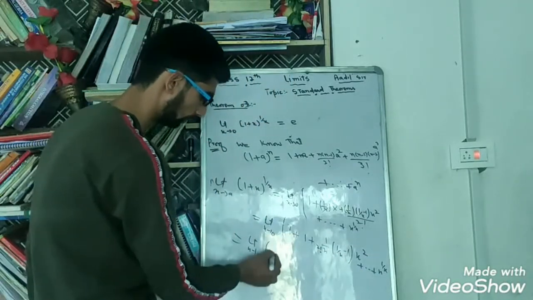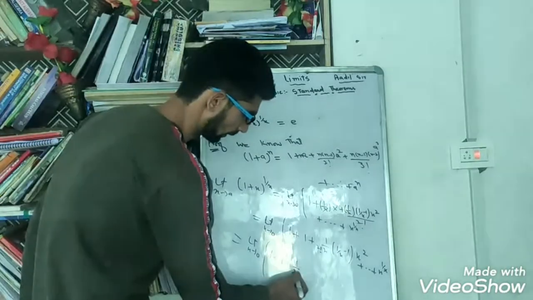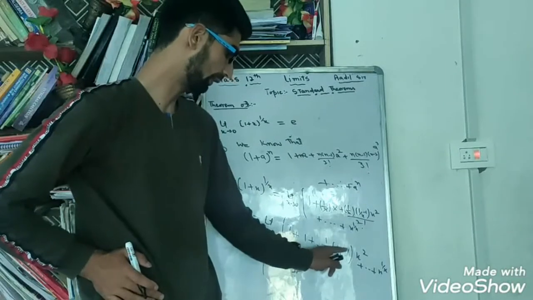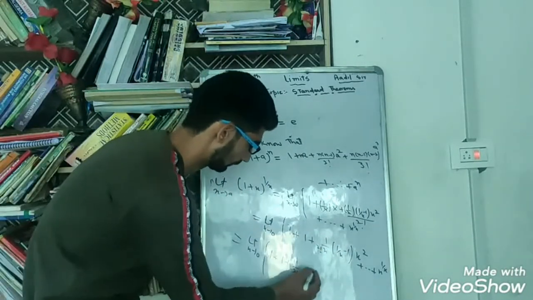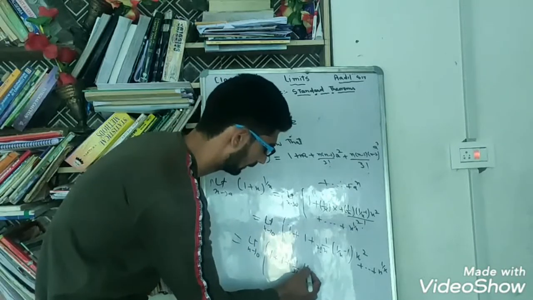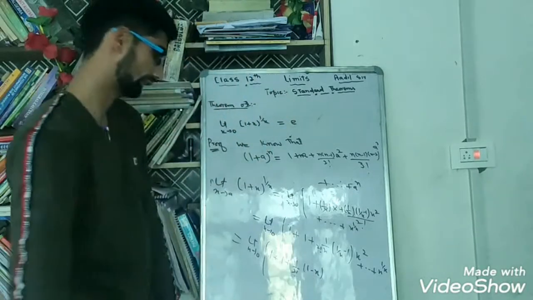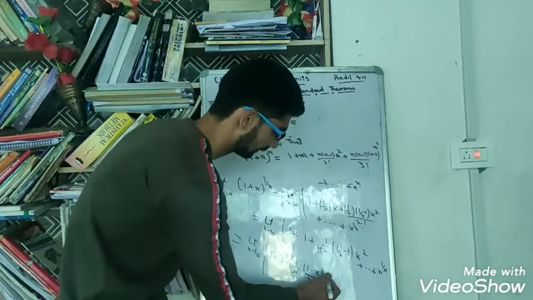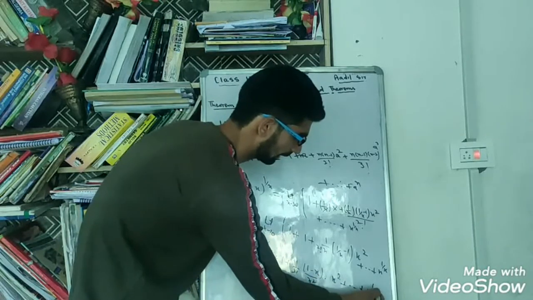So limit x tends to 0, 1 + 1 + 1/2! times (1/x)(1 - x) x^2 plus so on plus x^(1/x).